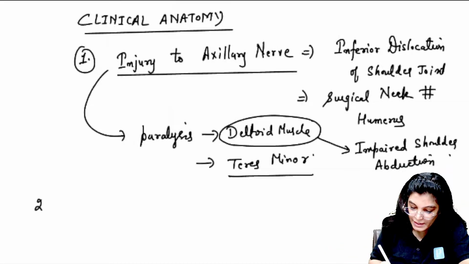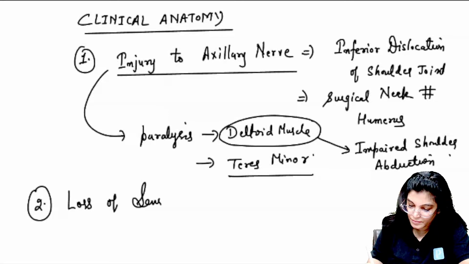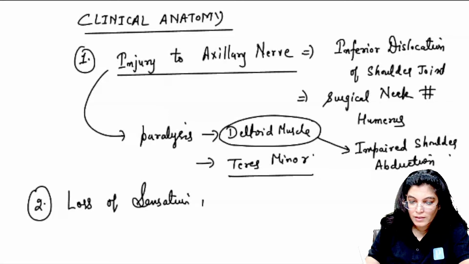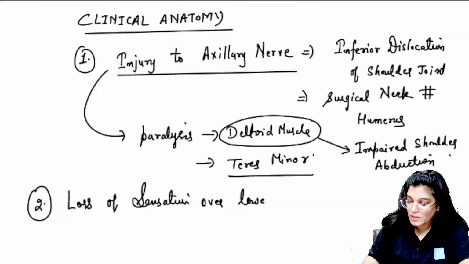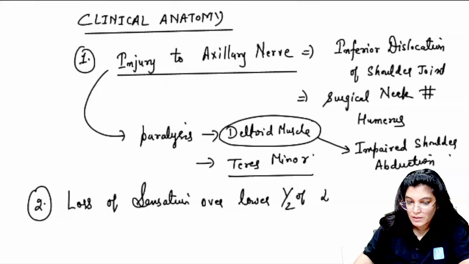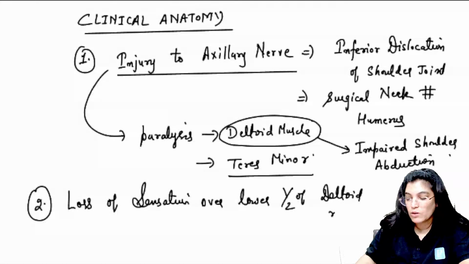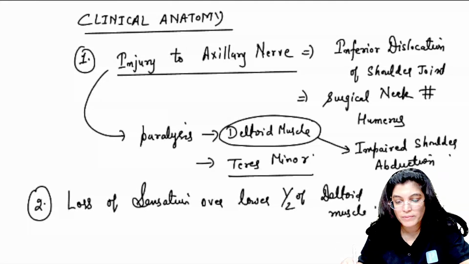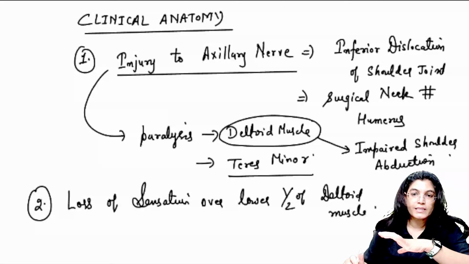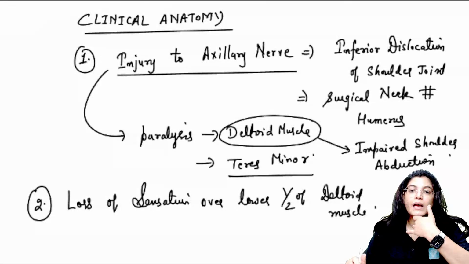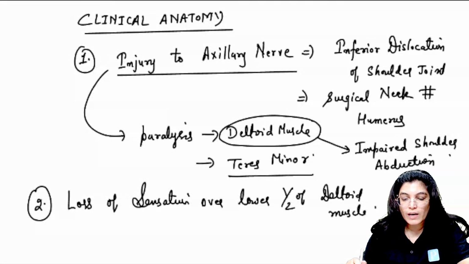Now also the second point is loss of sensation over the lower half of deltoid muscle. This is because the upper lateral cutaneous nerve of arm is not working, and there is loss of sensation on the lower half of deltoid muscle.